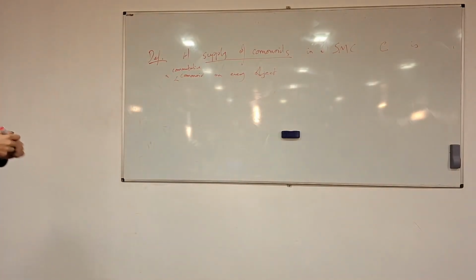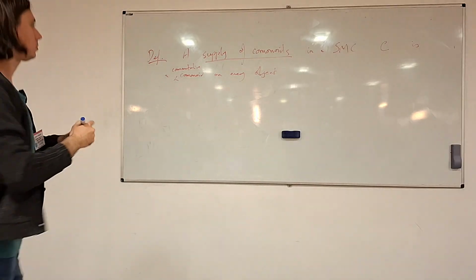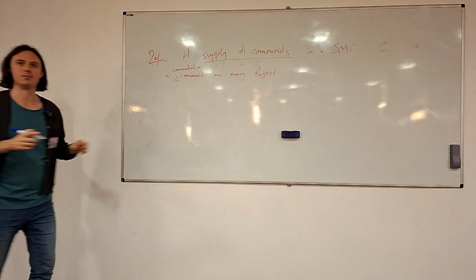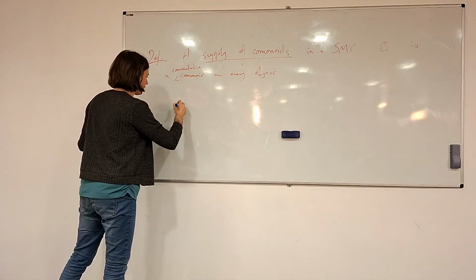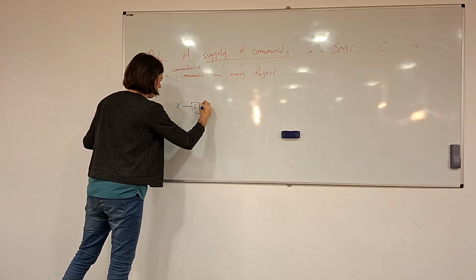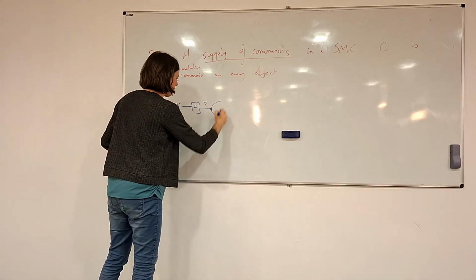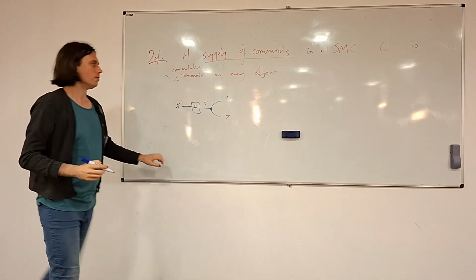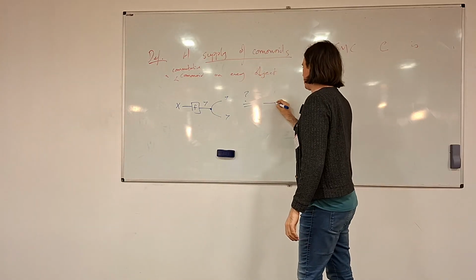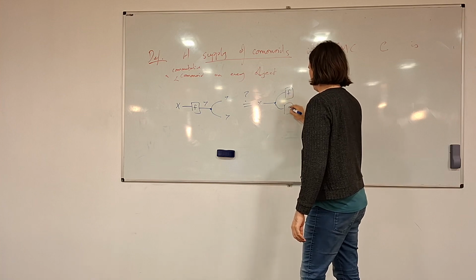If this was natural, then this choice would commute with arbitrary morphisms. For example, if I have some morphism f from x to y, and I copy the y, now I have two y's, this would be the same as first copying my input and then applying f to both of them.